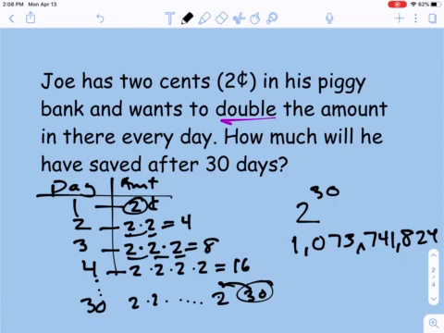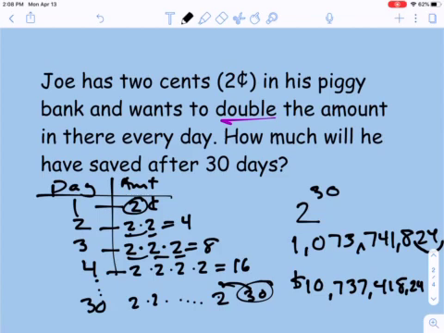If we move the decimal over 2 spaces to put it in dollars and cents form, you will have $10,737,418.24.